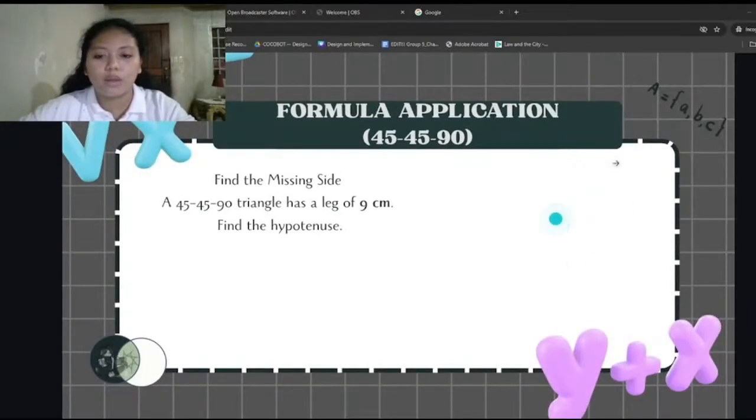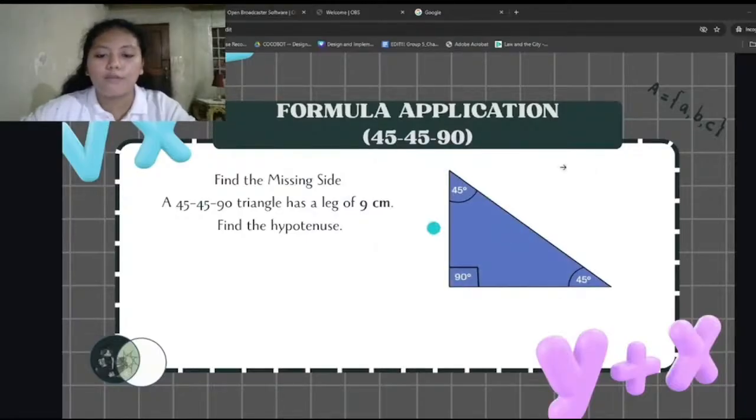Here you go. The first problem: we know one leg is 9 cm and we need to find the hypotenuse. Remember our core formula. For a 45-45-90 triangle, hypotenuse equals leg multiplied by square root 2.